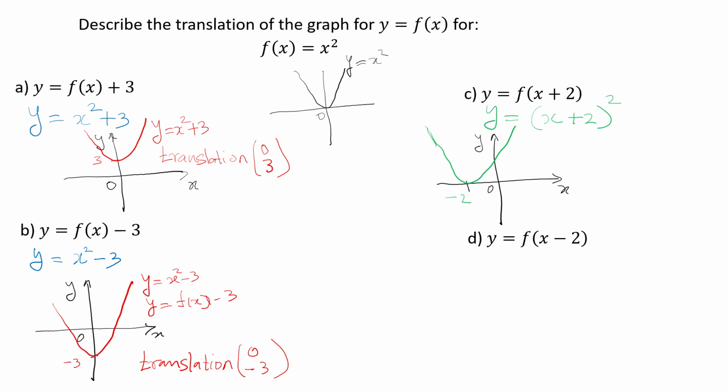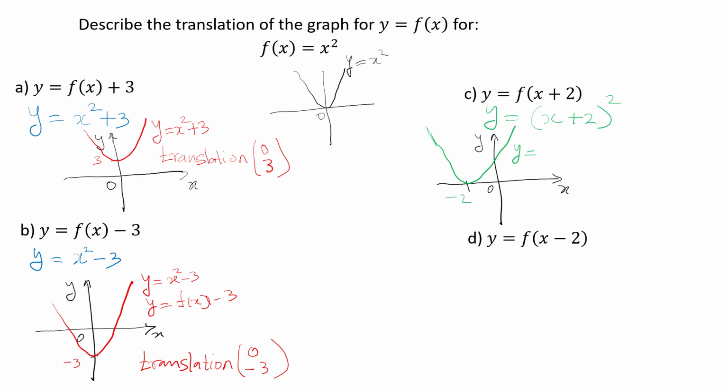So then the new graph moves left or right. If the constant is inside the bracket, or inside the function, the graph moves left or right.